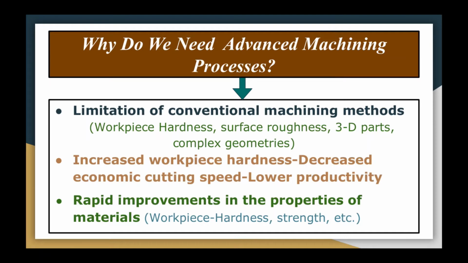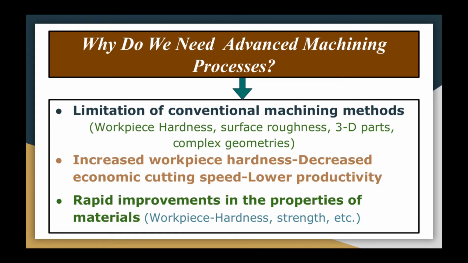So single point or multi-point cutting tool materials which we normally use in conventional methods, and their geometry in many cases are complex, and it is difficult to machine them by conventional methods. So in most cases industry people use CNC machines, that is computer numerical control machines. This is one point from where we get the answer of why we need the advanced machining processes.